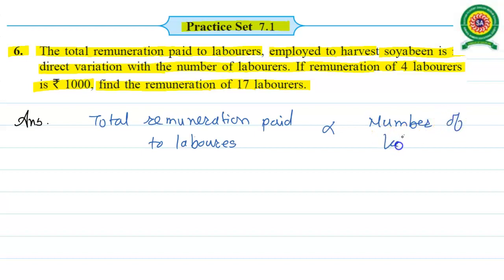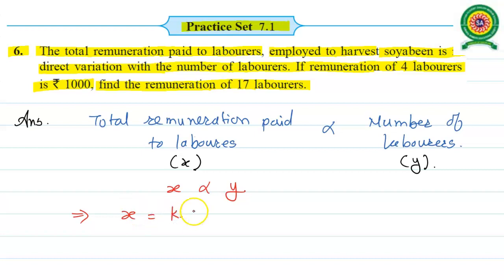Now I am assuming that the total remuneration paid to laborers is x rupees and the number of laborers is y. That means symbolically, x is directly proportional to y. Let us form the equation of variation by considering the proportionality constant as k. I am writing x is equal to k into y, where k is the proportionality constant.